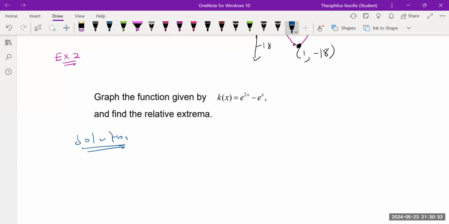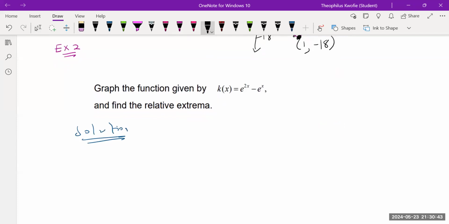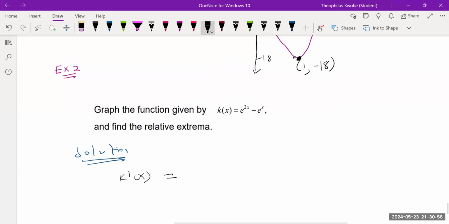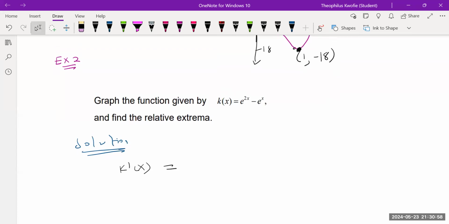So the first thing to do is to find the critical values, right? How do we find the critical value? We find the derivative of the given function. And remember, we said that the derivative of an exponential function will be what?